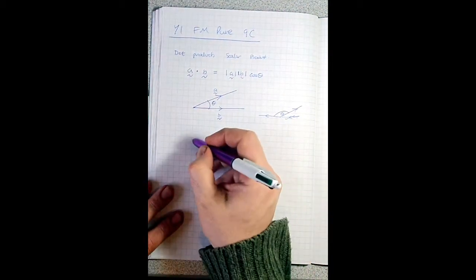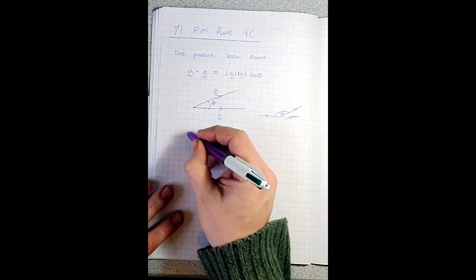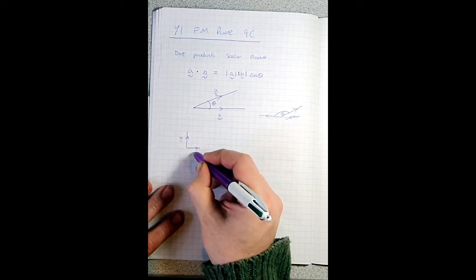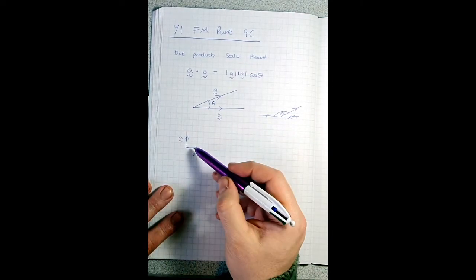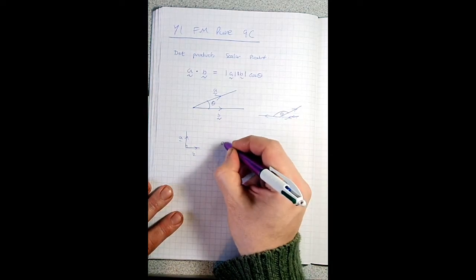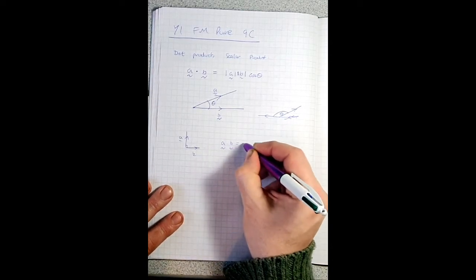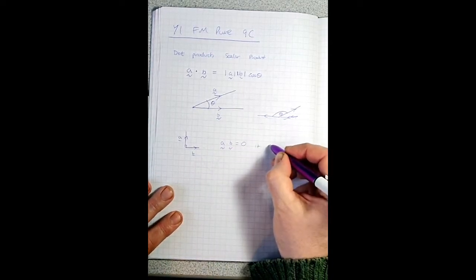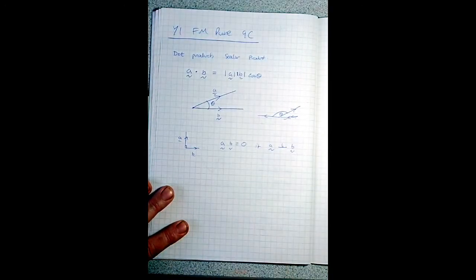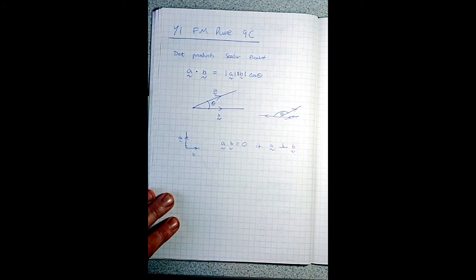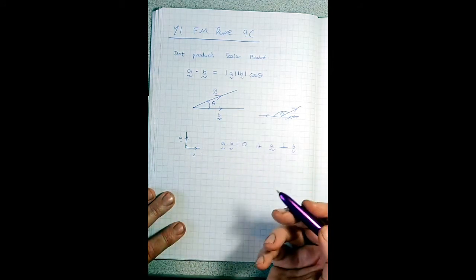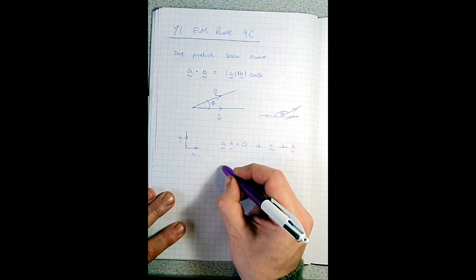Now obviously, if two vectors are perpendicular, then theta is 90 degrees and cos 90 degrees is 0. So A dot B equals 0 if A is perpendicular to B. And of course, if they're parallel, then the angle between them is 0, and cos 0 is 1.